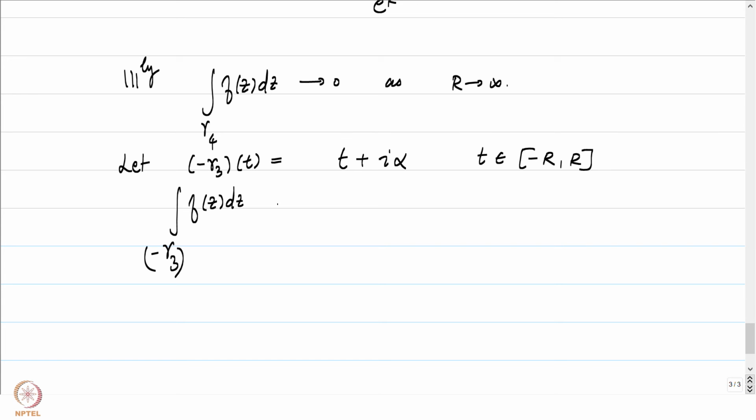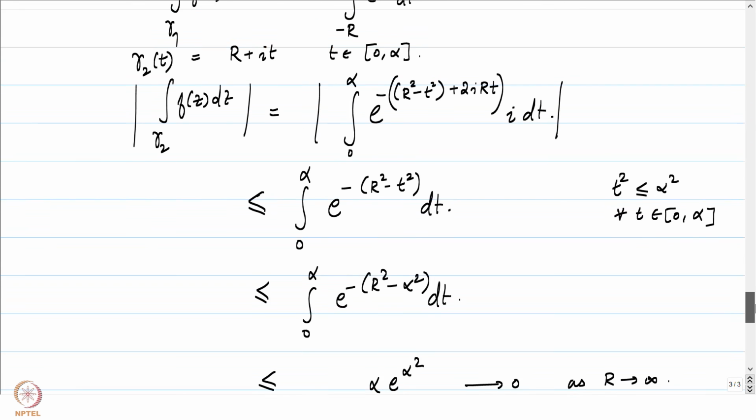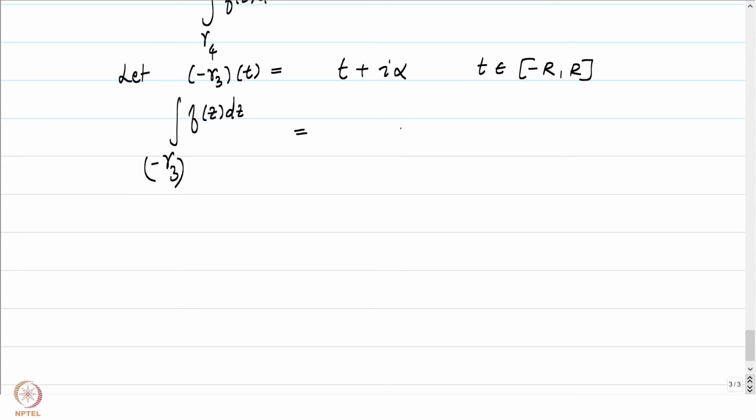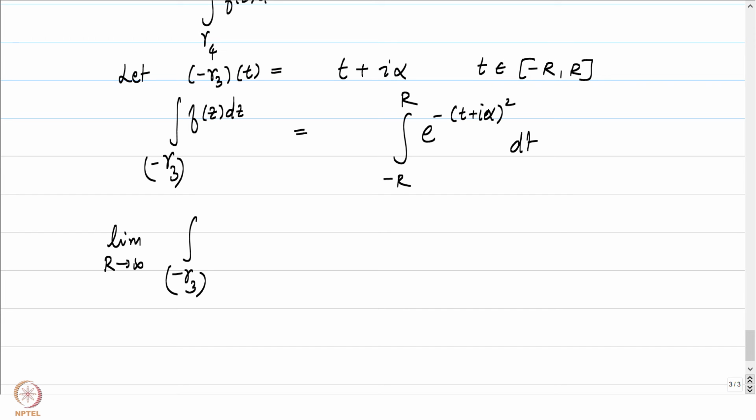By substituting it, e to the power minus z squared, that's what we are interested in, is going to be equal to the integral of e to the power minus (t plus i alpha) the whole squared dt from minus r to r. If we take the limit as r goes to infinity of the integral over minus gamma 3 of f of z dz, that's precisely equal to the integral from minus infinity to infinity of e to the power minus (x plus i alpha) squared dx, after a change of variables.